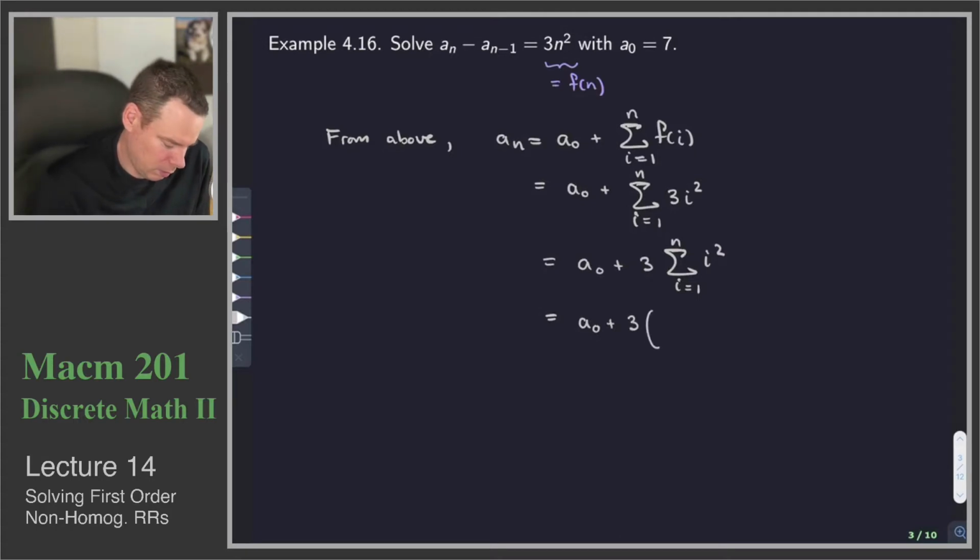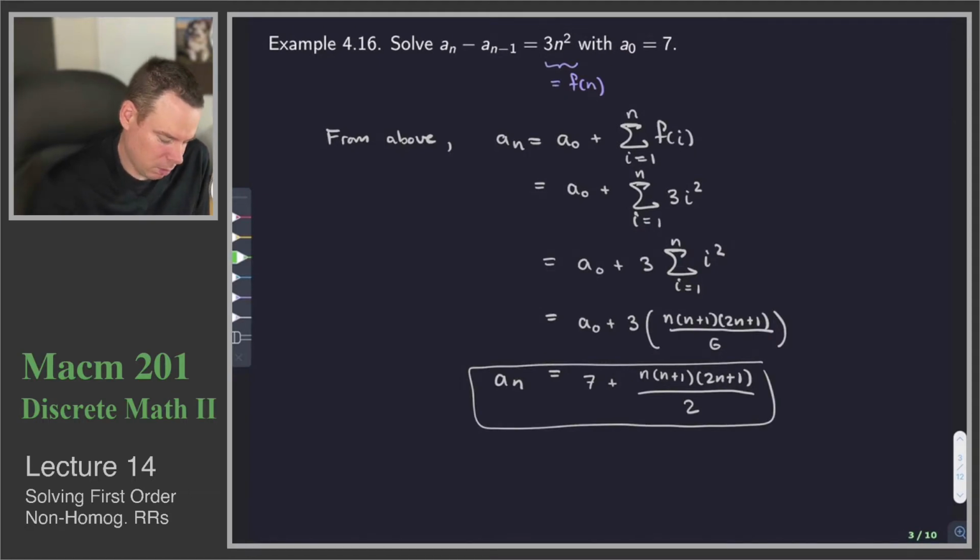It is n times n plus 1 times 2n plus 1 all over 6. And so this reduces down to, so a0 is 7, a 3 in the top can cancel with a 3 factor in the 6 in the denominator, and I get that it's n times n plus 1 times 2n plus 1 all over 2. And so there we go. We've solved it.